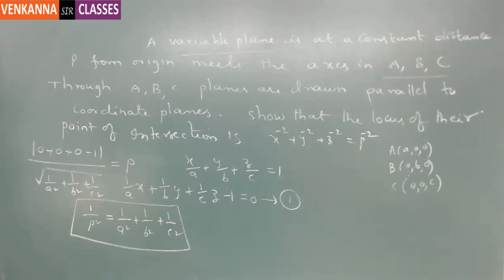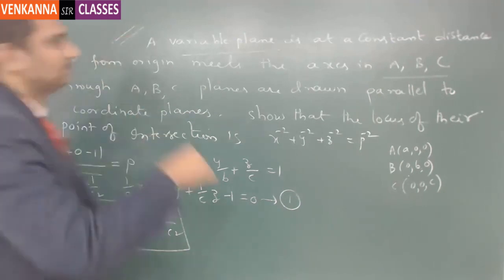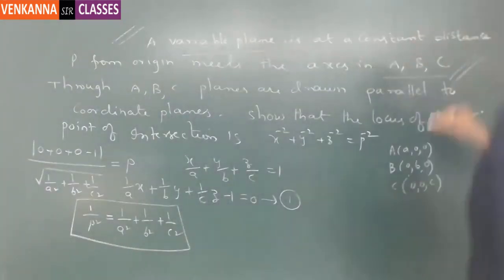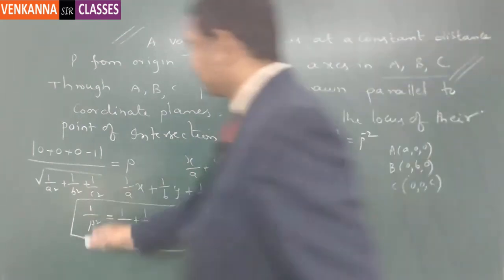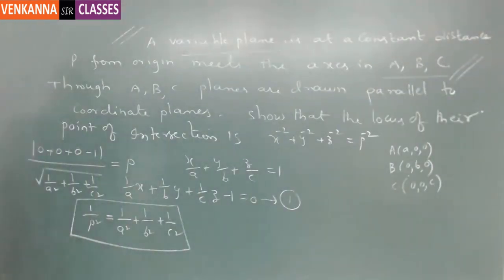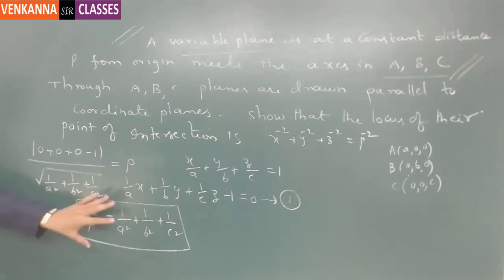Then I want to move on to the second part of the question. So up to this part, I get an equation of this form: 1 by p square is equal to 1 by a square plus 1 by b square plus 1 by c square. From the first two lines of the problem, I have this deduction.